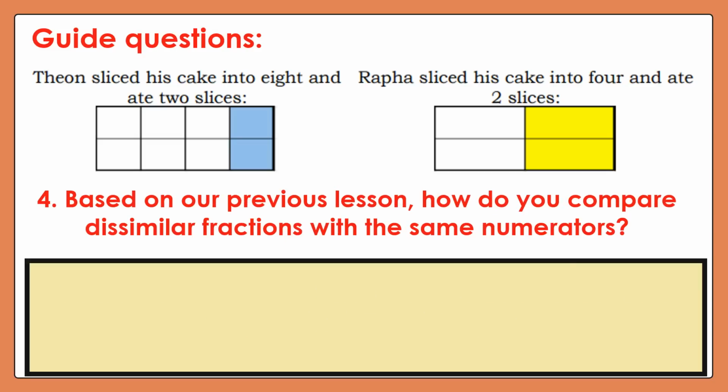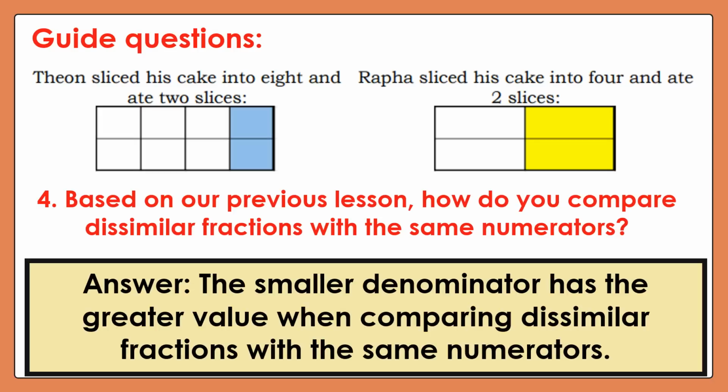Number 4. Based on our previous lesson, how do you compare dissimilar fractions with the same numerators? The answer: the smaller denominator has the greater value when comparing dissimilar fractions with the same numerators.